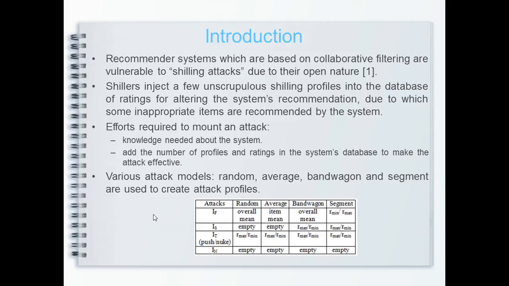In average attack model, individual mean rating is given to the items in the IF set. Similarly, as in the case of random attack, maximum and minimum rating is given to the items in the push and nuke attack respectively. Same is the case with bandwagon and the segment attack.